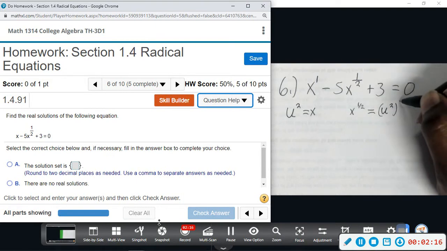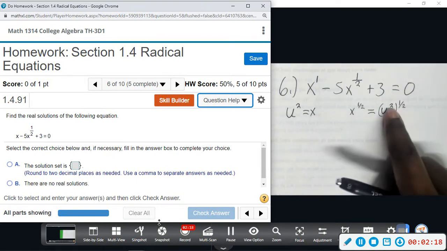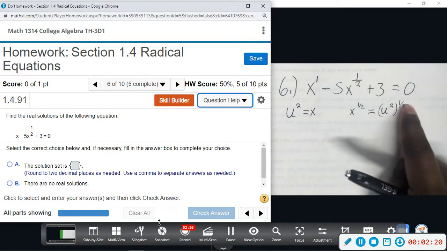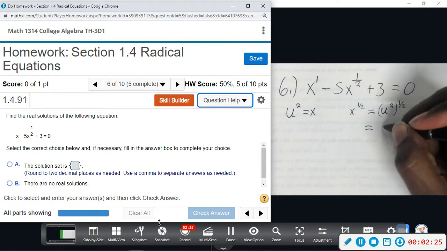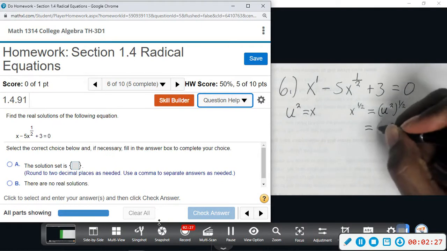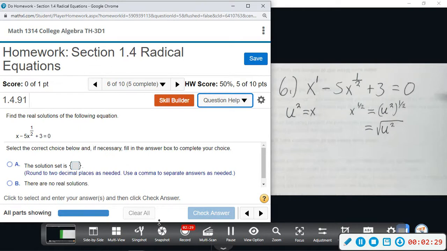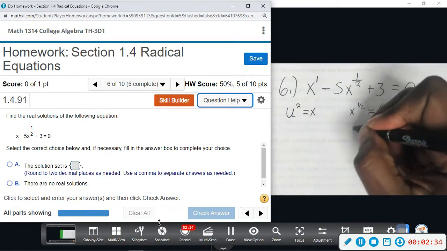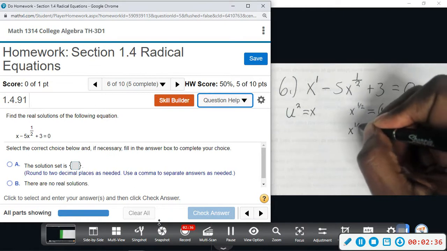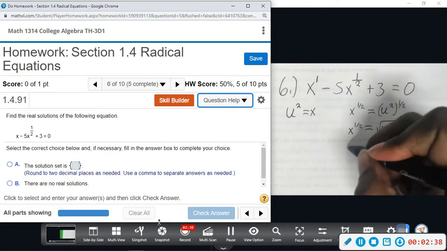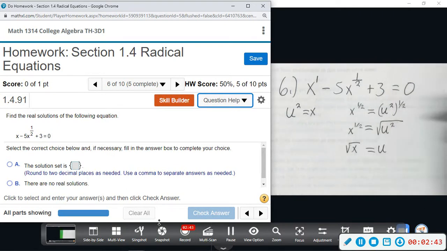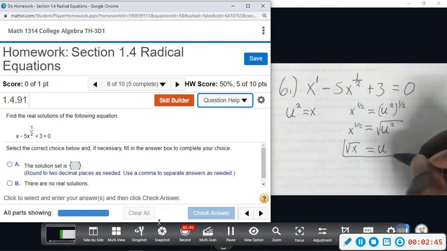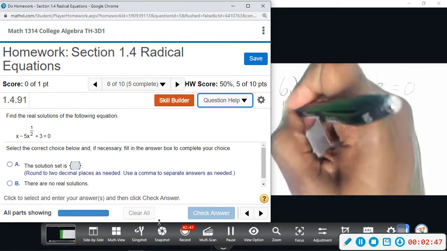That's what 1/2 power is. When you have 2 times 1/2, another way to write this is U squared and then the square root. That's what this means. It's going to get rid of that so that we have X to the 1/2, or we can say the square root of X is just equal to U. So we need to remember these relationships. It's just going to allow us to substitute.